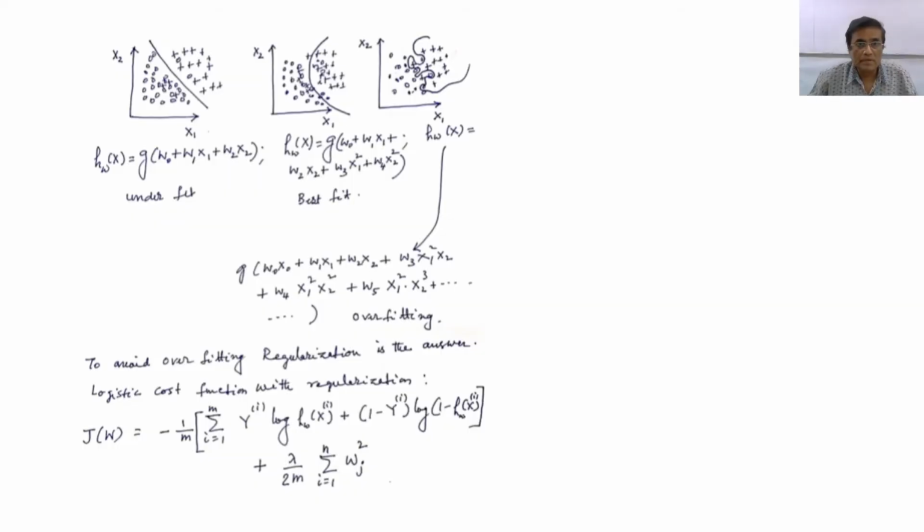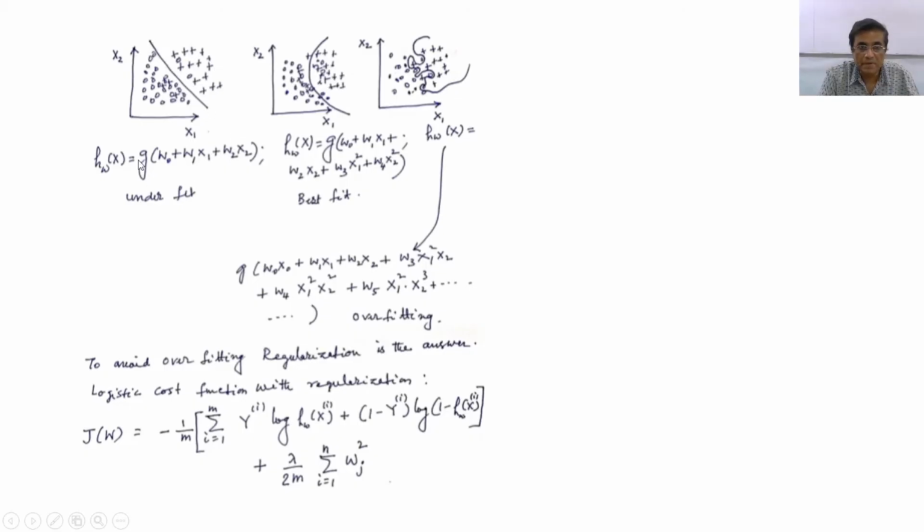There is also one issue with the logistic regression model as well. Suppose you have two classes, and the samples are such that this is not a good fit, because you are giving high bias.